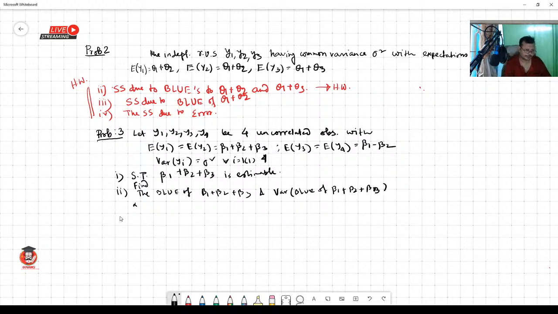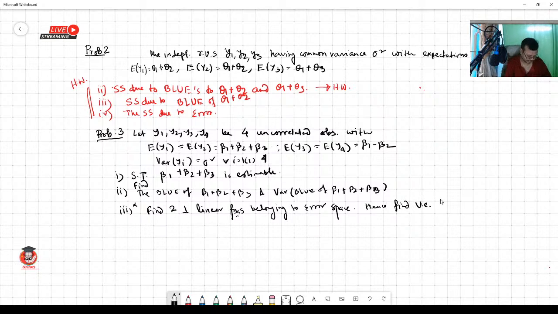Okay. Find two orthogonal linear functions belonging to error space, hence find an unbiased estimator of sigma square and test.